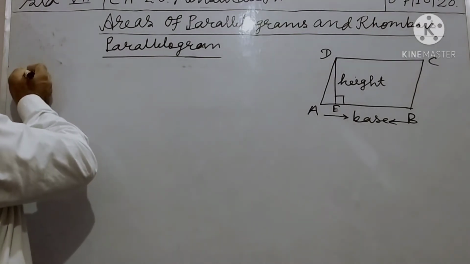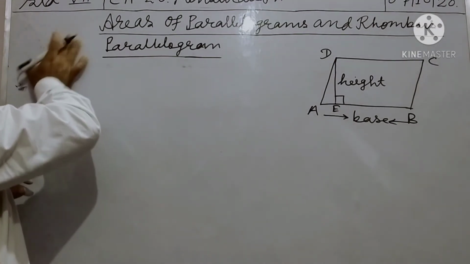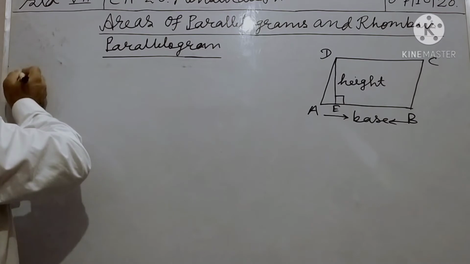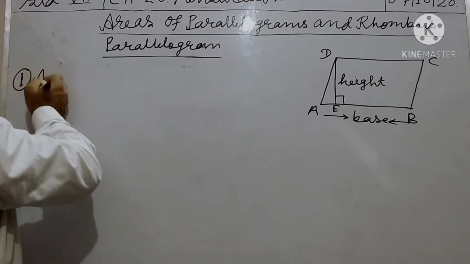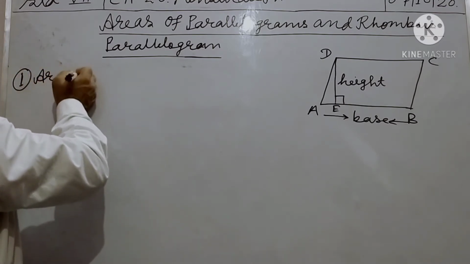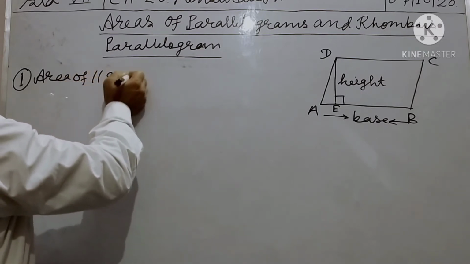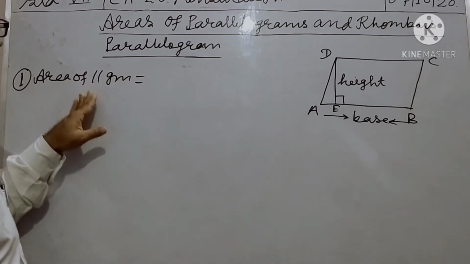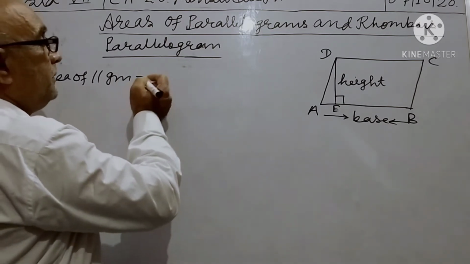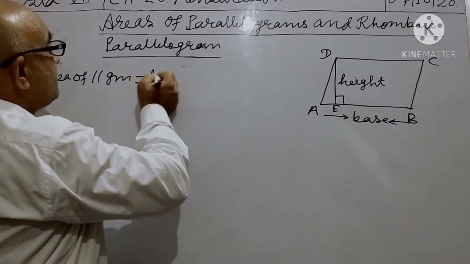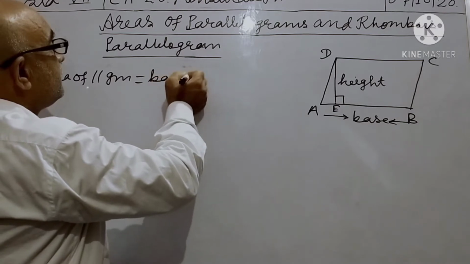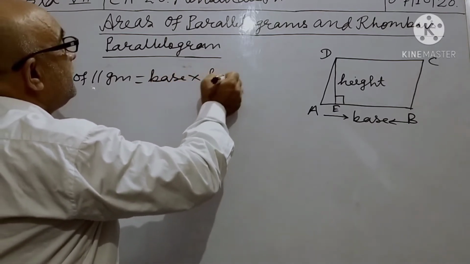So the first formula is: area of parallelogram is base into height.